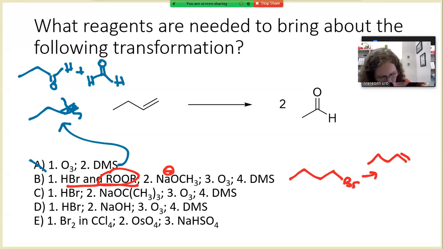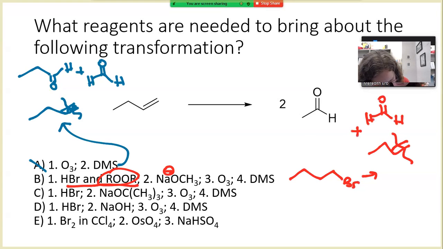From there, if we did ozonolysis, we would make the following products. Oops, I added a carbon there. Let me fix that. We would make this molecule and we would make this molecule. So the same 2 aldehydes from answer choice A. So we can cross B off as well.